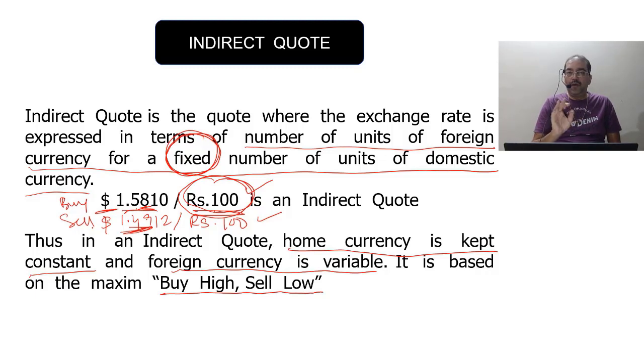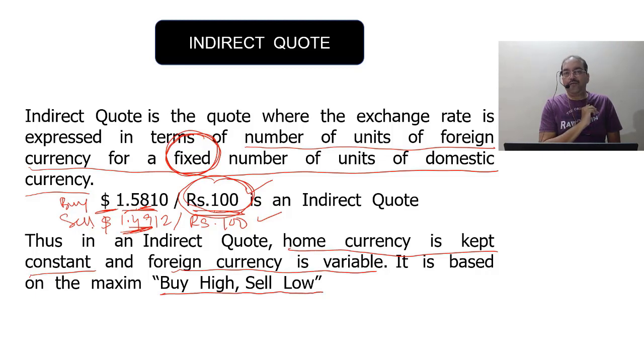Direct quote: domestic and foreign currency, number of units of domestic currency per unit of foreign currency. Maxim: buy low, sell high. Indirect quote: number of units of foreign currency expressed per fixed number of units of domestic currency. Maxim: buy high, sell low.